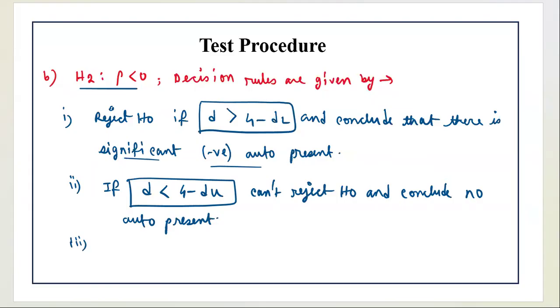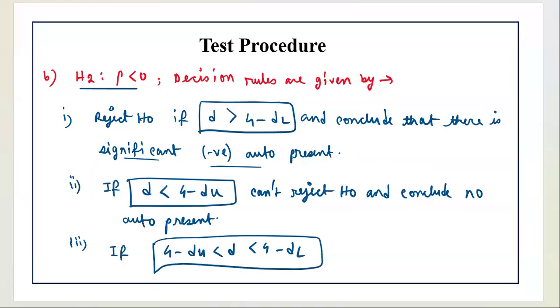And there is a third case when the test becomes inconclusive: if the computed D statistic value lies between 4 minus du and 4 minus dl, then we cannot say anything and the test fails. It is inconclusive. We cannot say whether autocorrelation is present or not.